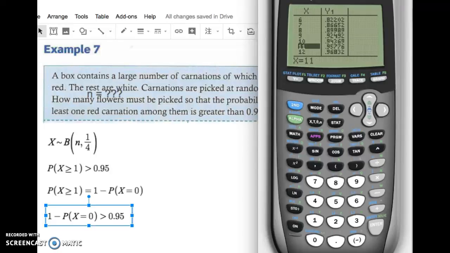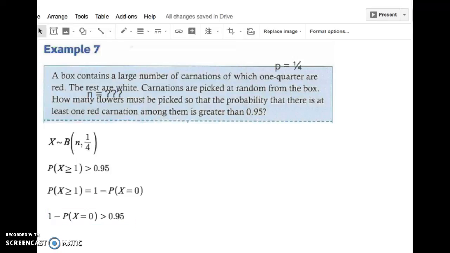So it actually makes more sense to use the table function of your GDC to solve this, and that way we can avoid the algebra. Okay, so my final answer would be n equals 11. That's my final answer.